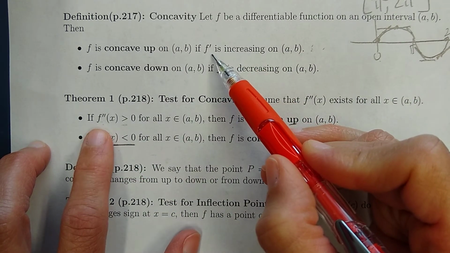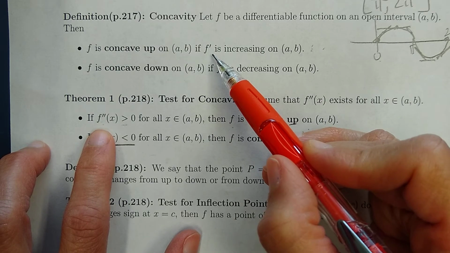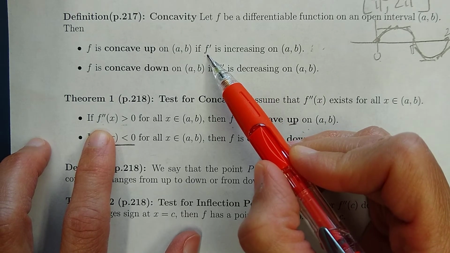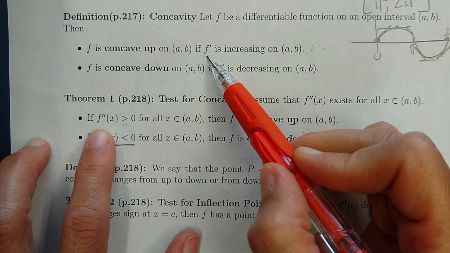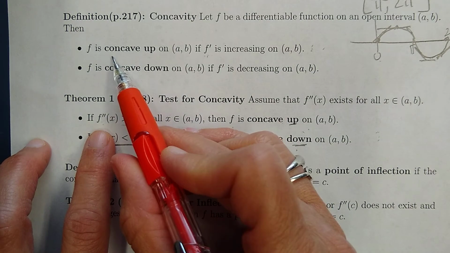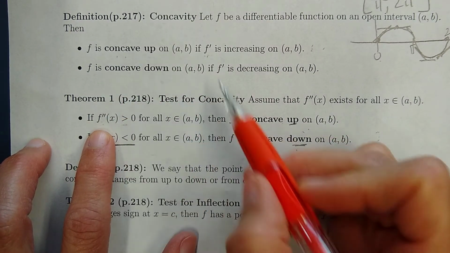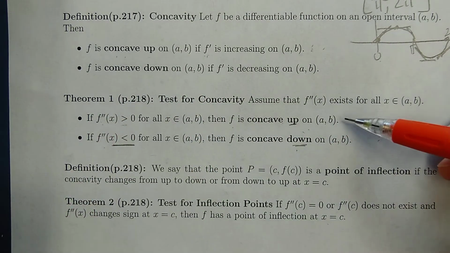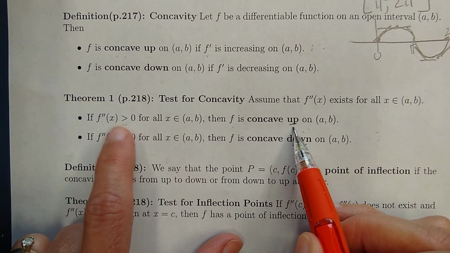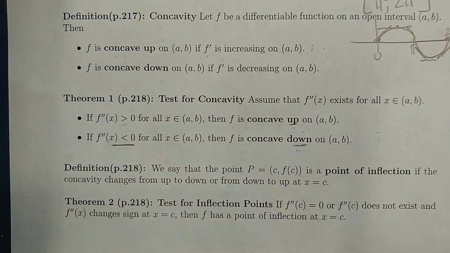Well, the second derivative is the first derivative of the first derivative. And by definition, the function f is concave up when the first derivative is increasing. So it's not too hard to remember just by the correspondence of these pieces, but it's also not too hard to understand.